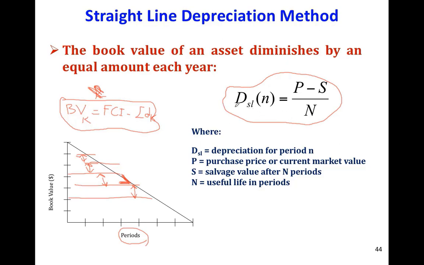D_SL is the depreciation using a straight line method for a period of n years, let's say 3 years, 4 years, n can be anything. It can be 1, 2, 3, 4, 5 years. Right here is 3 years.